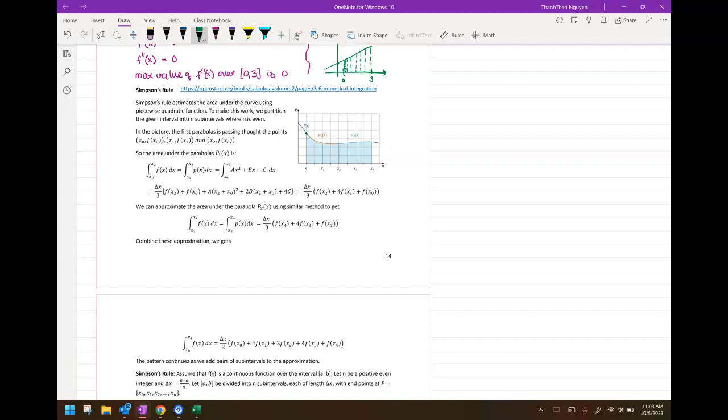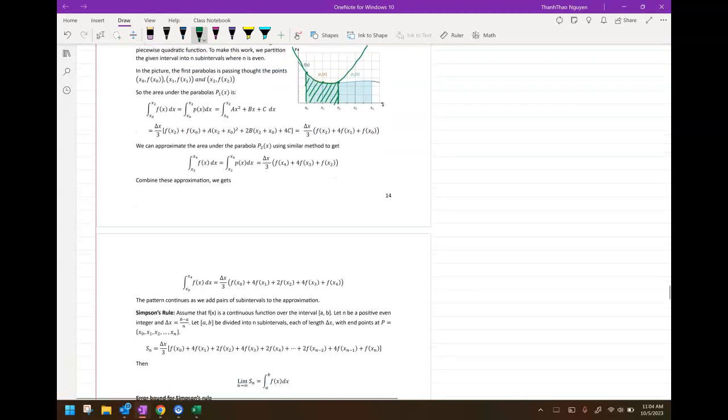So we use 3 points simultaneously, and we say, okay, then I can somehow draw a parabola that goes through these points, right? And then I can estimate the area under the curve of this parabola. Then the sum of each of the areas would equal the total area.